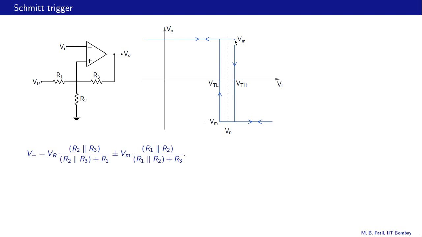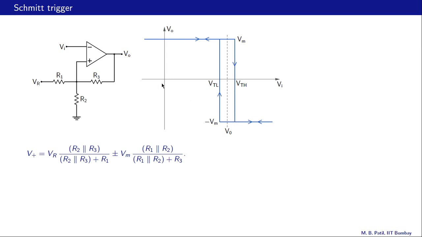So the key point is this V plus. When our VI, which is equal to V minus, crosses V plus, that is when this output is going to change from Vm to minus Vm. So let us find what that V plus is in that situation.